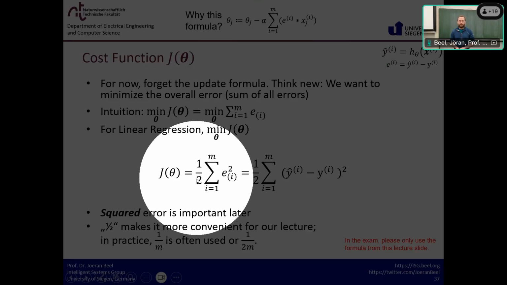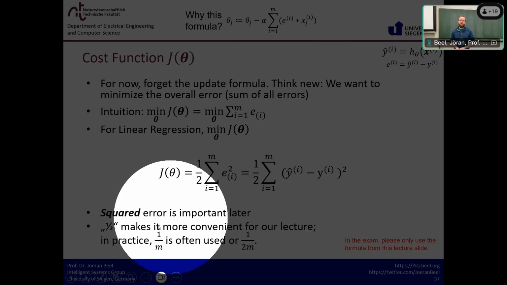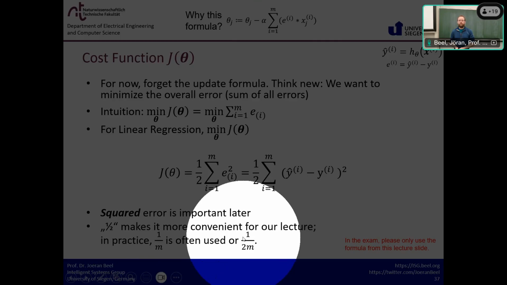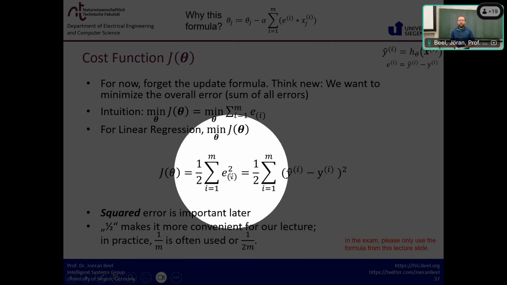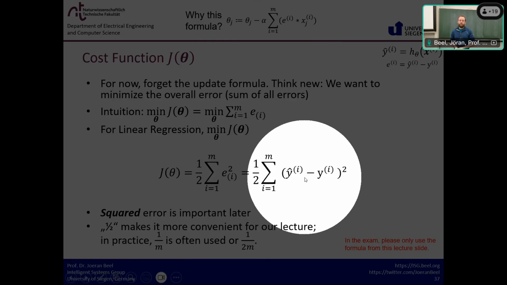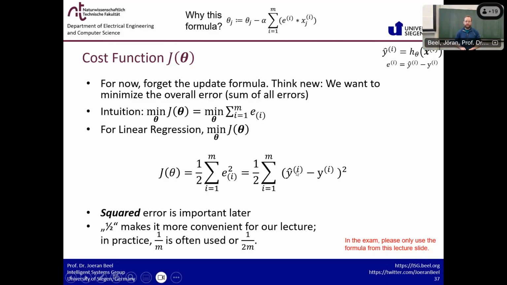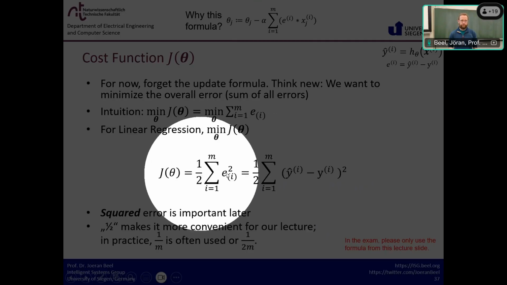That just makes calculations easier later. Typically in practice, you use 1 divided by m or 1 divided by 2m. And this is nothing else but this. This is what we want to optimize. The square of the difference between the prediction and the actual value. There are many variations in the literature. In the exam, please remember and use this formula.